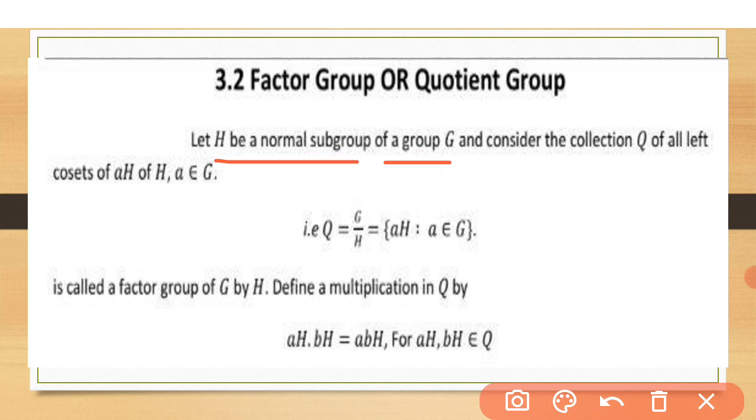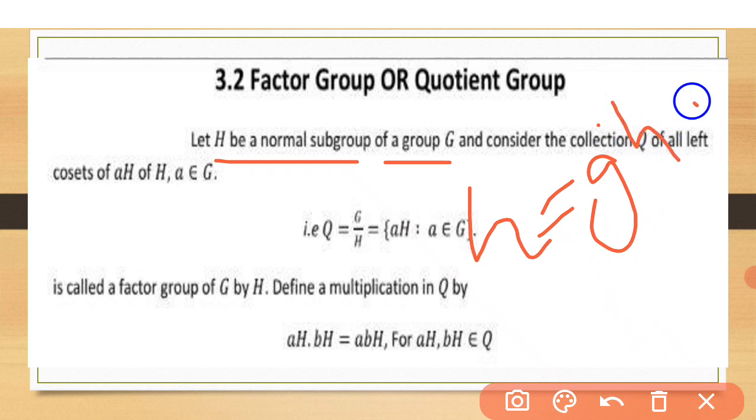of G. Normal means that H is equal to gHg inverse.